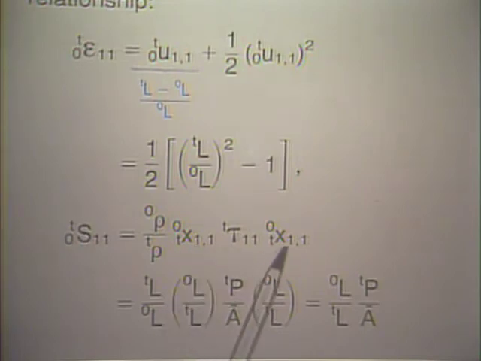We substitute for the Cauchy stress, of course, being simply the force divided by A bar, and the inverse of the deformation gradient being given by this relationship here. Therefore we can evaluate the second Piola-Kirchhoff stress in terms of the externally applied force, the physical force, divided by the constant cross-sectional area A bar, and the original length and the current length.